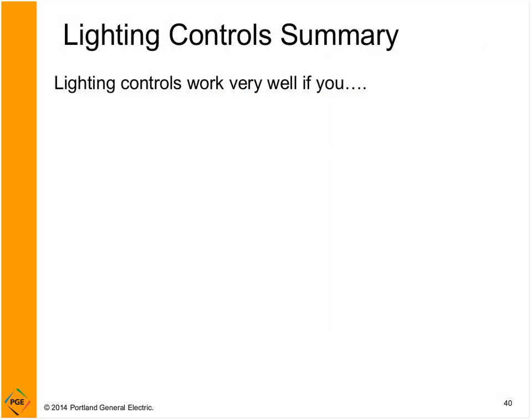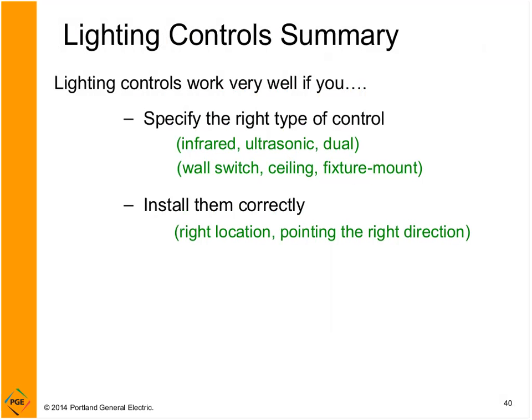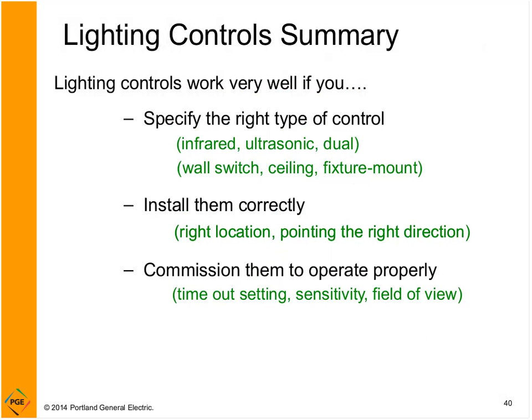Okay, so to summarize our lighting controls, they work very well if you specify the right type. Also install them correctly. Having them point the right direction might be a good thing, right location. And also commissioning. These sensors are often adjustable. You can adjust the amount of timeouts, the sensitivity, and even the field of view that they have.